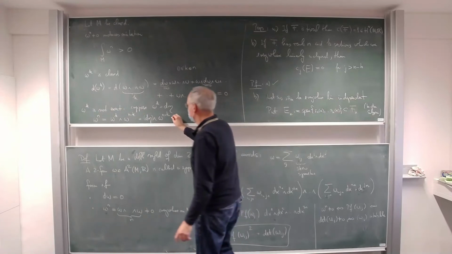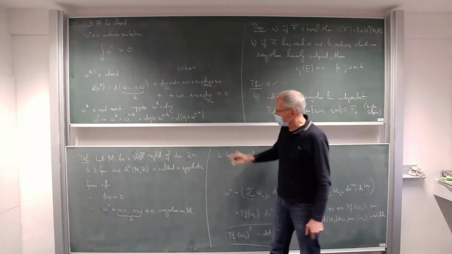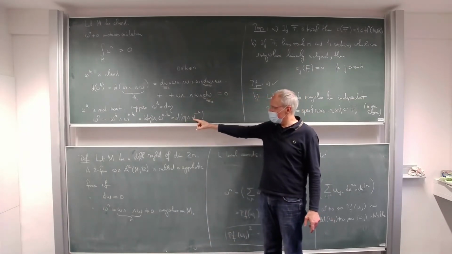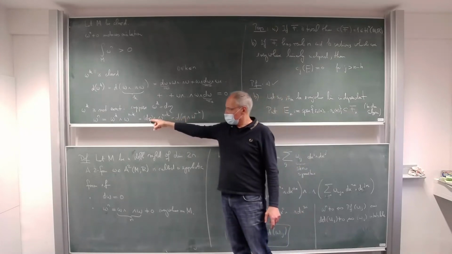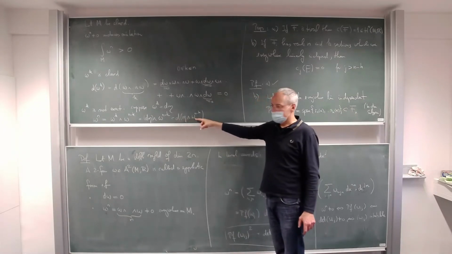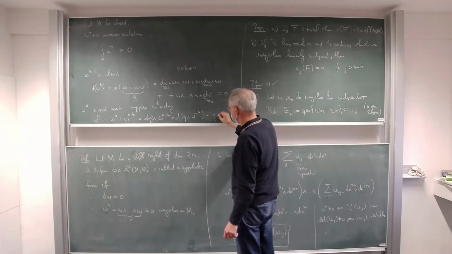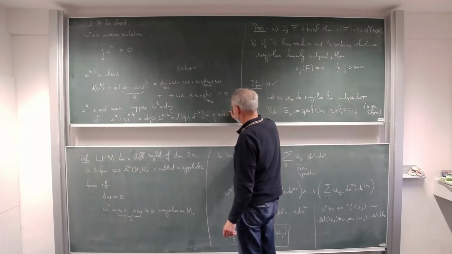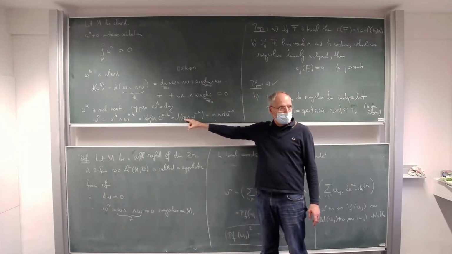But this is the same as d of eta wedge omega to the n minus k. But now there's a correction term by this Leibniz rule. So if I compute the d of this product here, I have one term where the d hits the eta. This is exactly that term that I have here. And then there's another term where d hits this part. So this has to be subtracted. But actually, eta is an odd form.